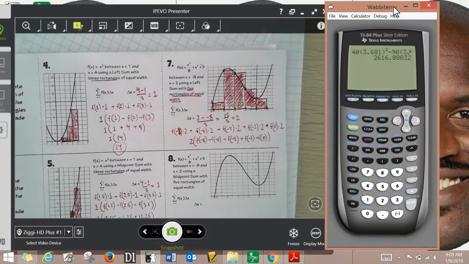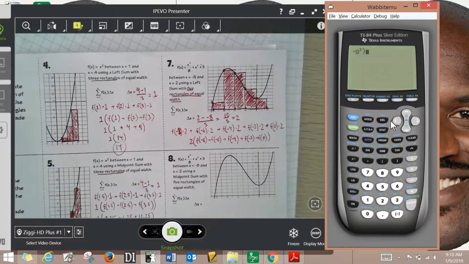I'm just going to use my calculator here. I think I would put negative 8 cubed. Oh, that's divided by 8. So, oh dear, that's going to be quite confusing.